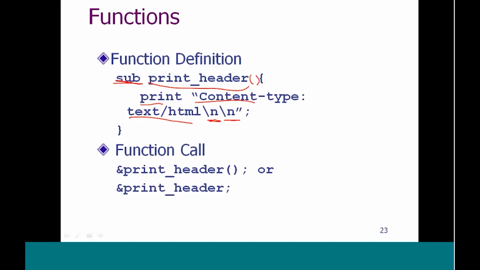And then the call is essentially we just say print header with either the two parentheses, or simply just print header. We will be dealing with some of these functions, function definitions and function calls in a later section, because the program itself is not fully done if you don't have these things.